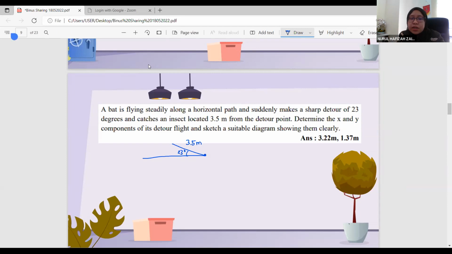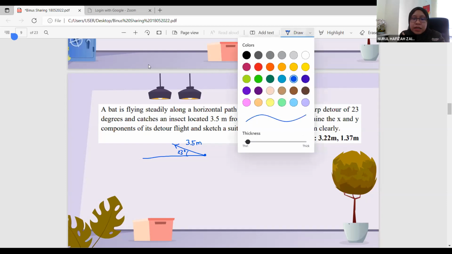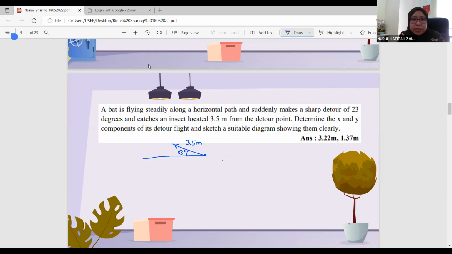So this is the point, and 3.5 meter is here. Determine the x and y component of its detour flight. So we just need to consider this vector.